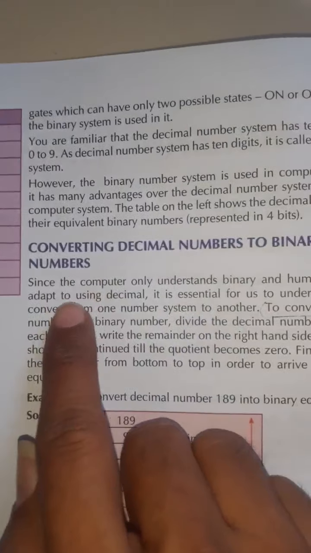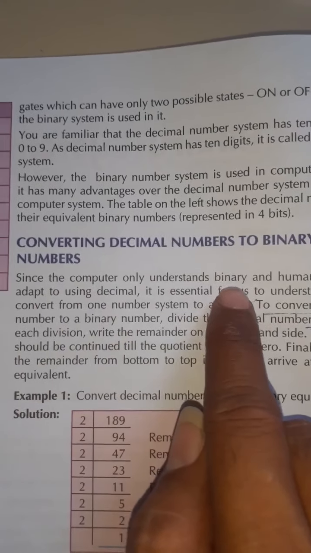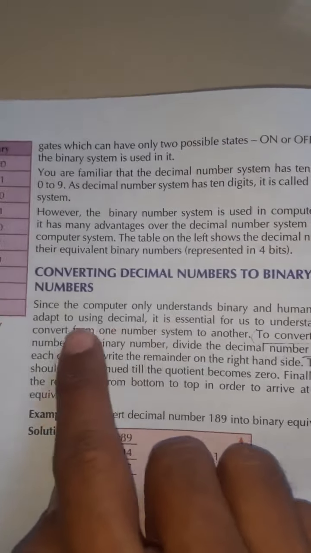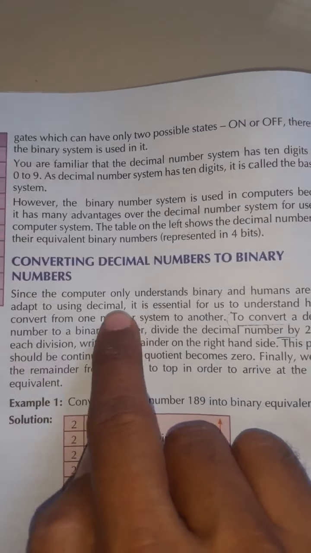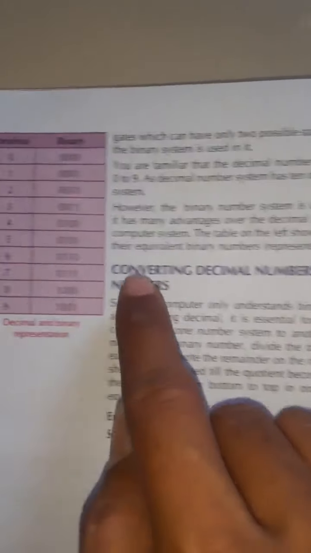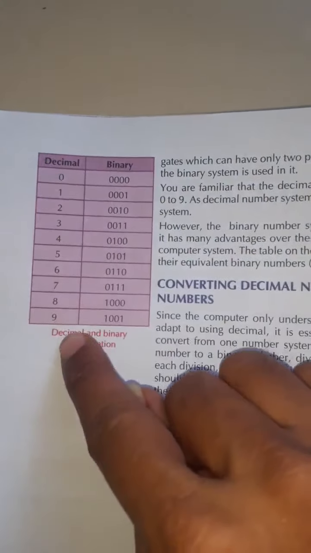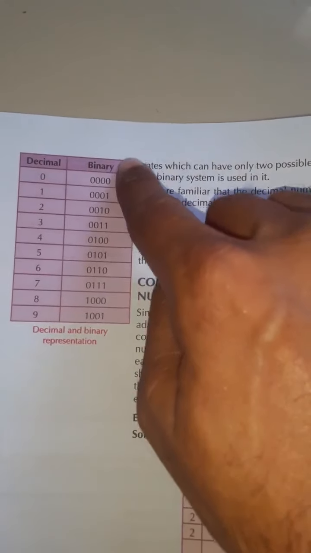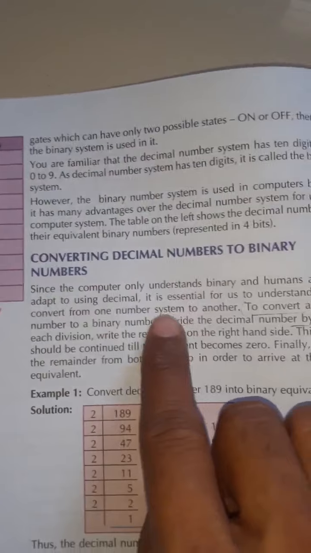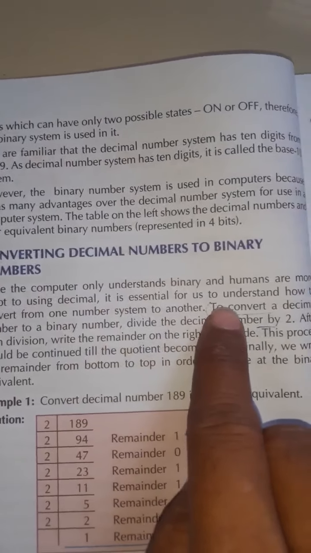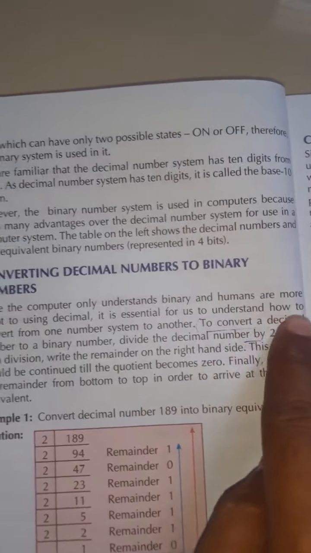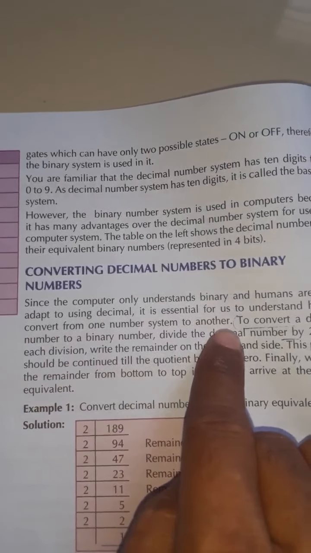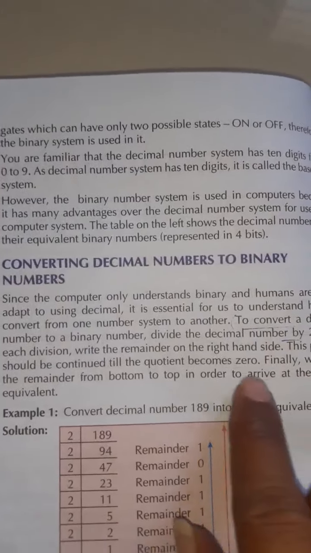Since the computer only understands binary and humans are more adept at using decimal, we are the humans, we are using the decimal number system, 0 to 9. But the computer can understand only 0 and 1. So it is essential for us to understand how to convert from one number system to another number system, how this conversion is taking place.